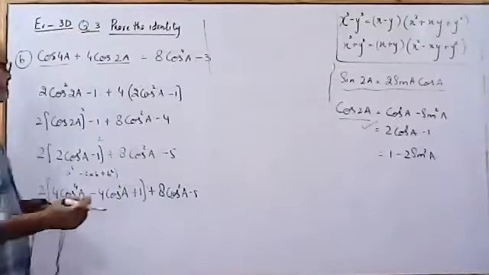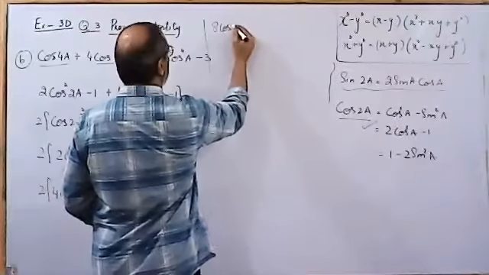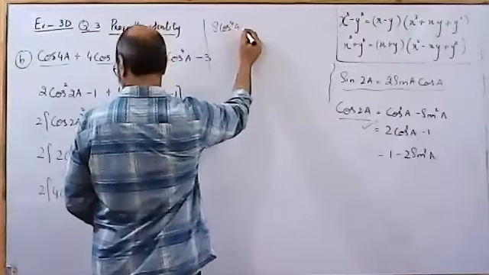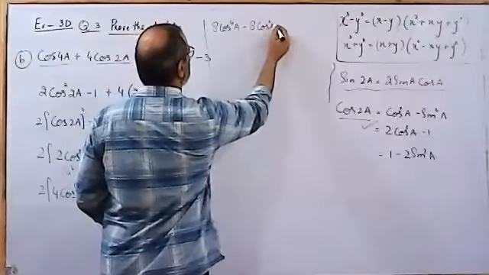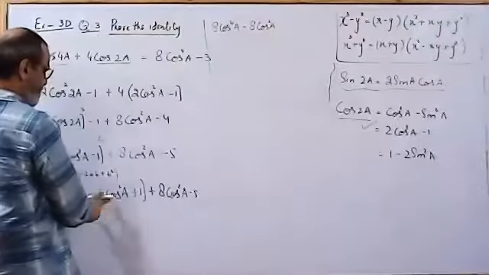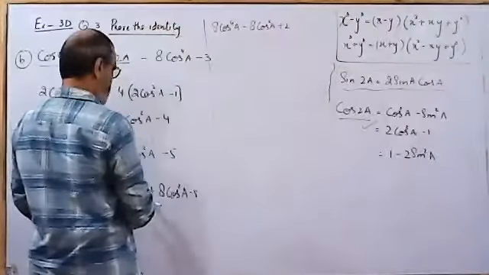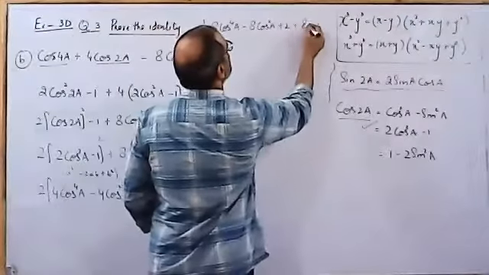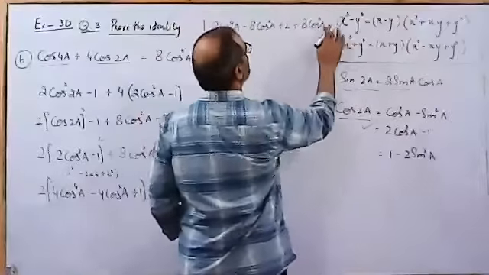Simplifying, we got 8 cos 4a minus 8 cos square a, 2 4s are 8 cos square a, plus 2 plus 8 cos square a minus 5.